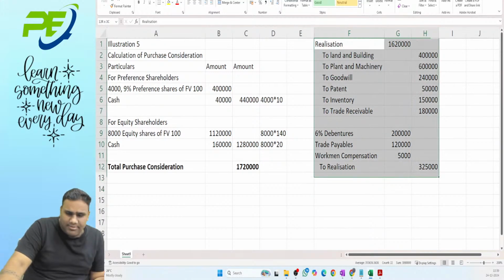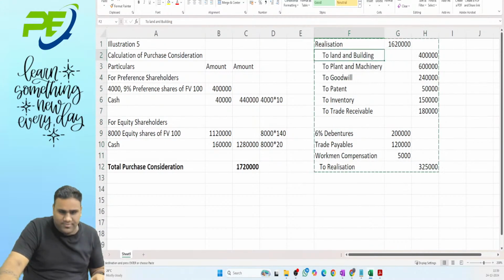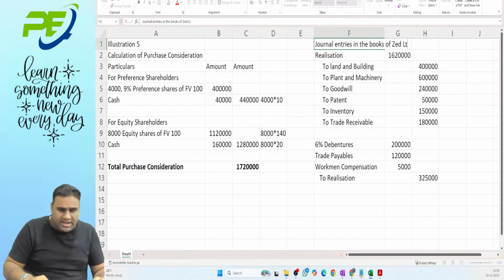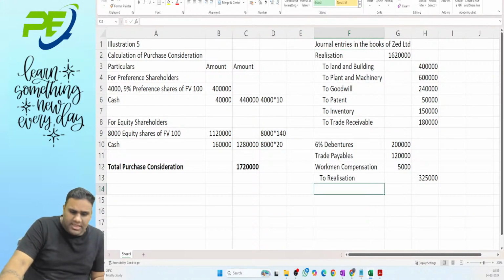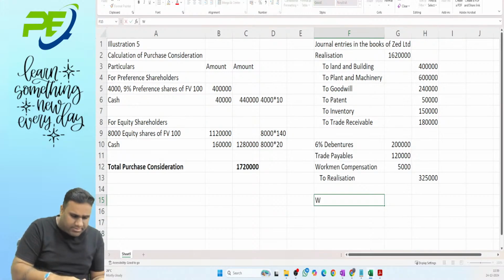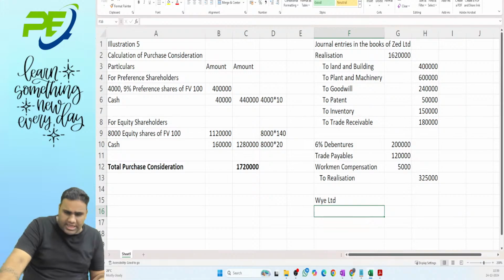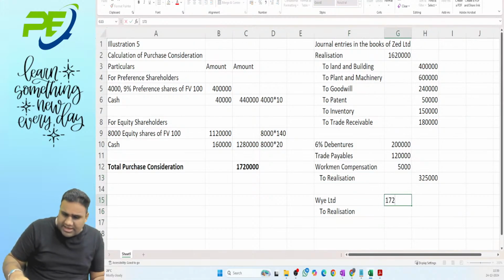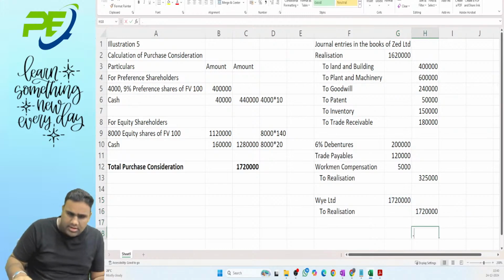So ideally, you did not write the heading. Journal entries in the books of Z Limited. So here the entry will be Y Limited account debit to realization. Y Limited to realization, and the amount is 17 lakh 20,000. Everyone, is it clear?